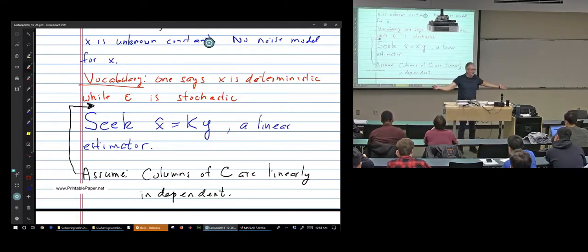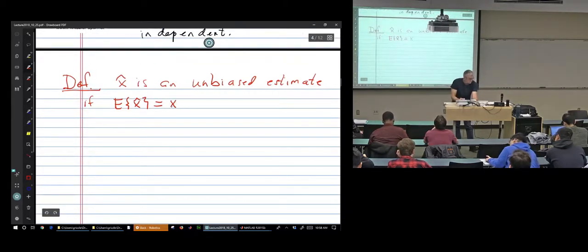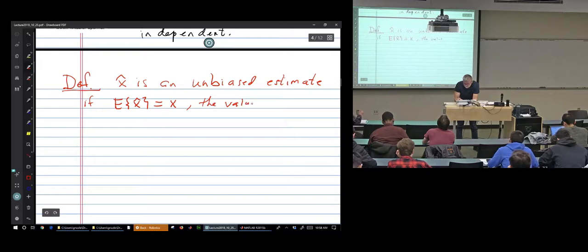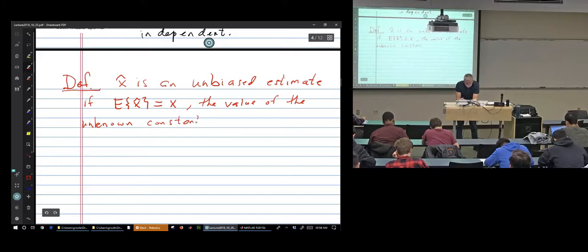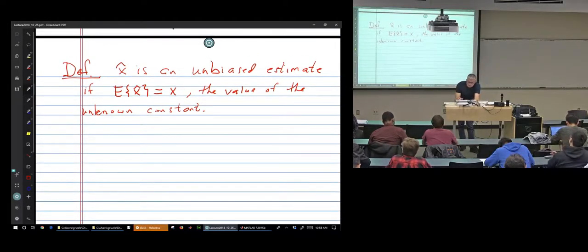It's got to be x. That means it's unbiased. It's the value of the unknown constant. Turns out that's a pretty wicked constraint. Okay, so let's figure out what that means.